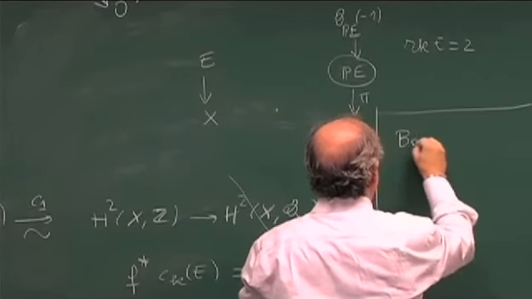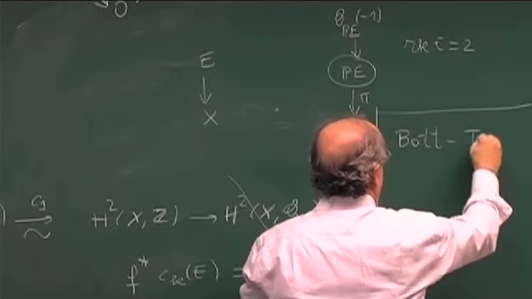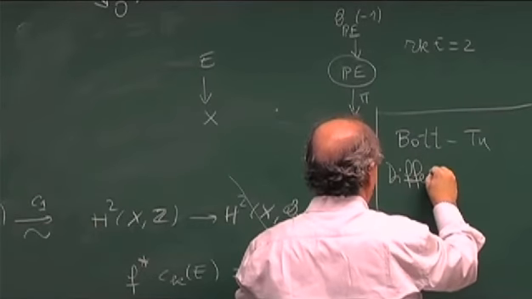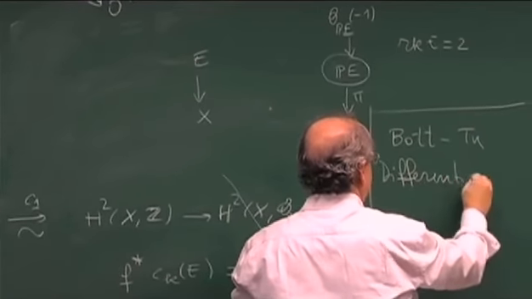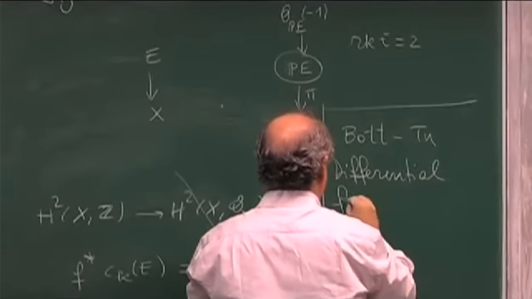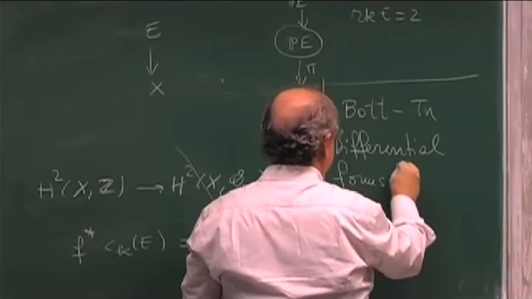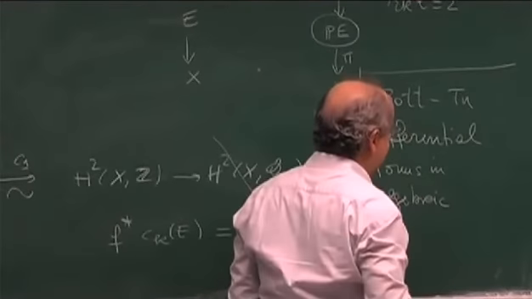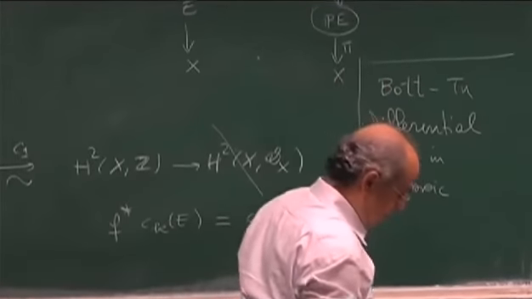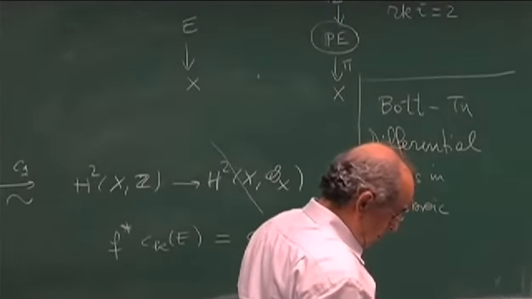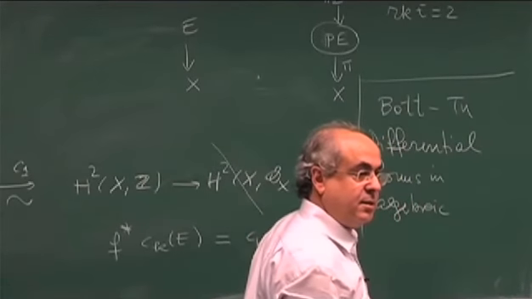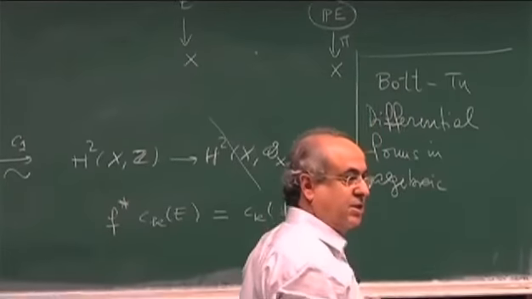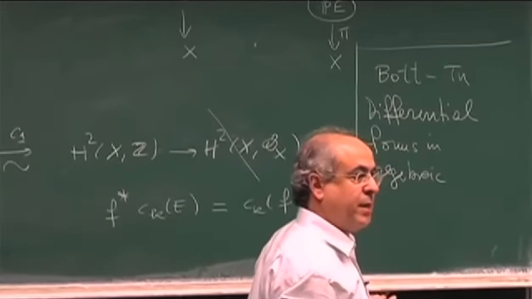A good reference is the book by Bott and Tu, which is called Differential Forms in Algebraic Topology. And well, the technique was invented, as far as I know, I believe, by Borel and Grothendieck, and there's a paper by them. This is the algebraic technique.